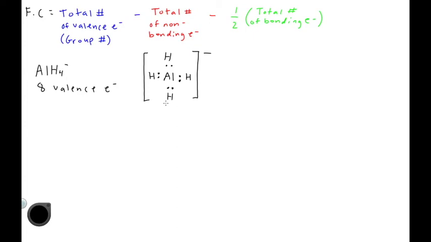So let's calculate the formal charge of the aluminum atom, because we're not concerned with the formal charges of the hydrogen atoms. The total number of valence electrons in a free aluminum atom, or in other words, its group number, is going to be 3.